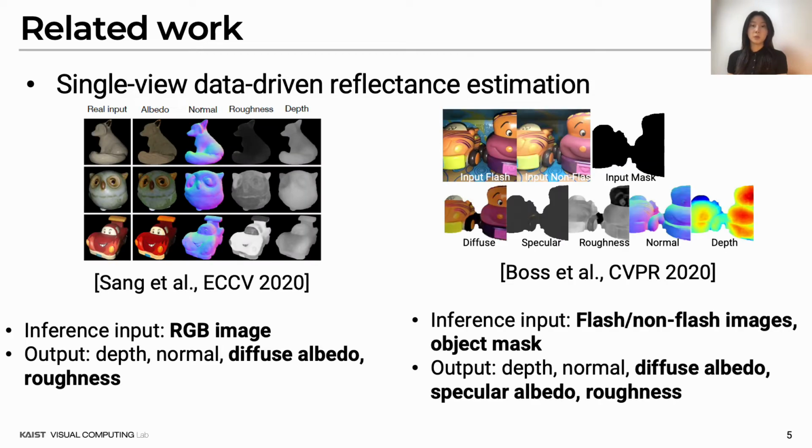Sang et al. and Bose et al. use thousands of rendered images, including geometry and reflectance, to train a deep learning network to obtain SVBRDF. These approaches are fast, but the model is easily overfitted to the trained data, which makes it hard to adapt to various real-world objects.